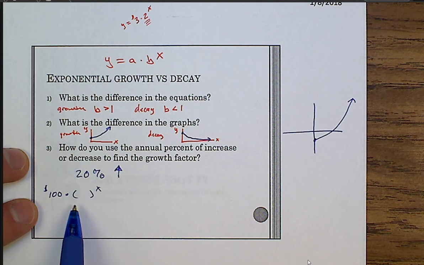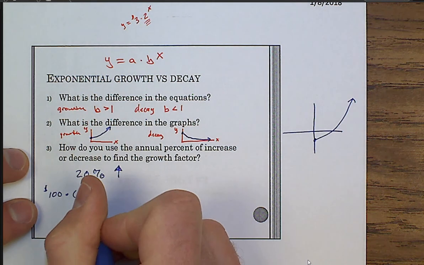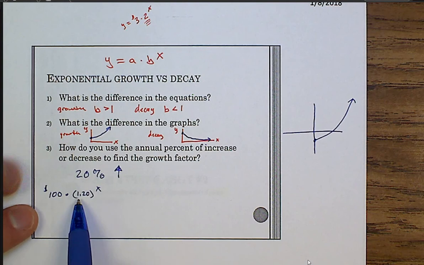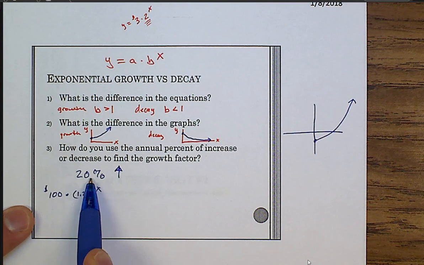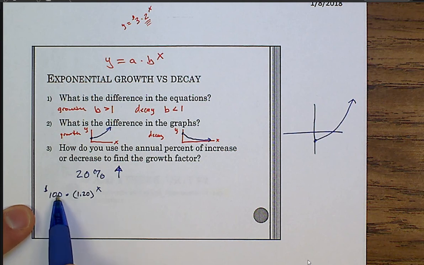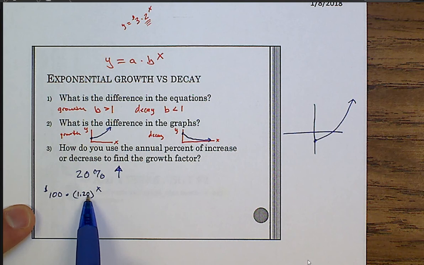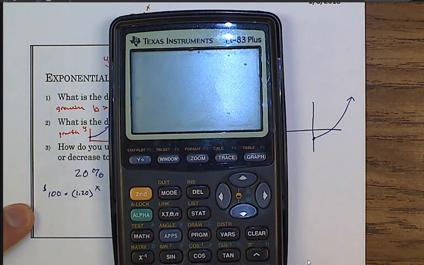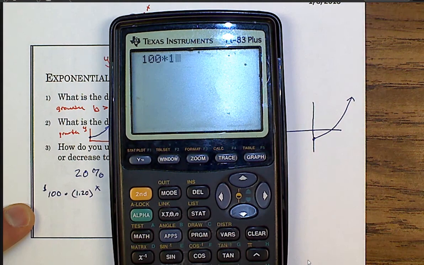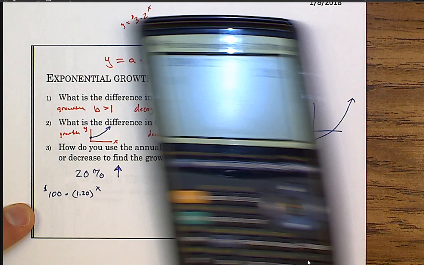You're timesing it by 1.20, right? Because remember, if something's growing, it has to be larger than 1. The 1 represents 100% of the value of our $100 plus the 20% that it's growing, right? Take 100, times it by 1.20, and after 1 year, we would obviously have $120.